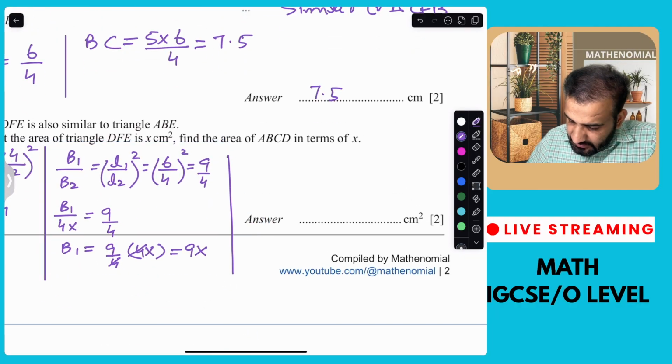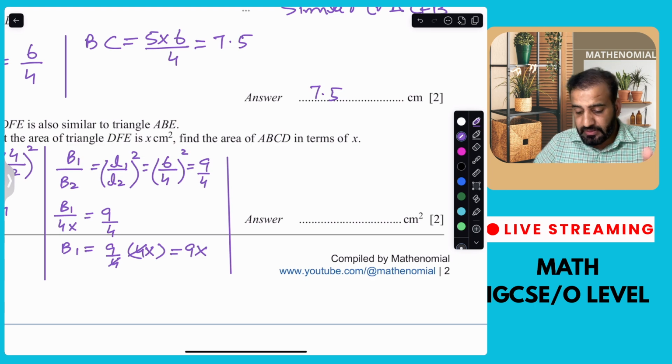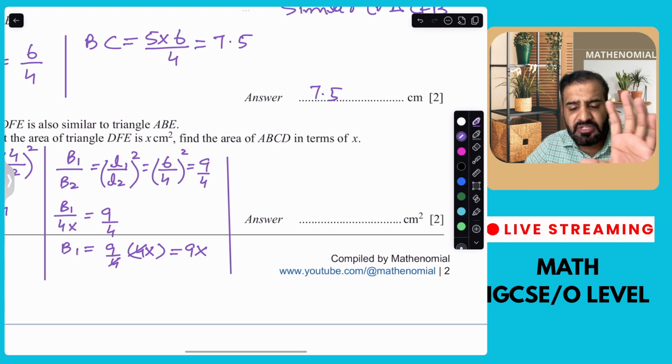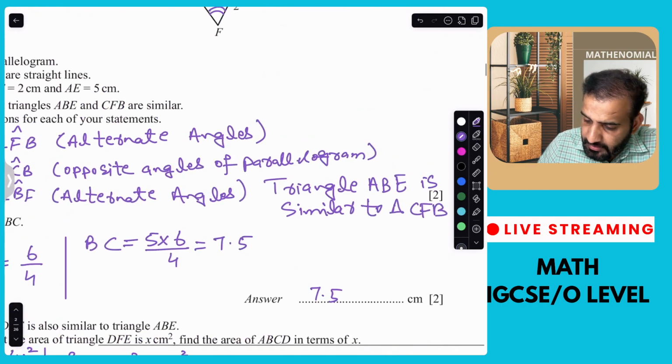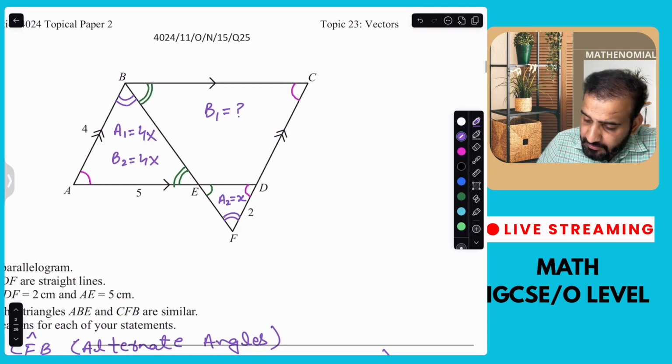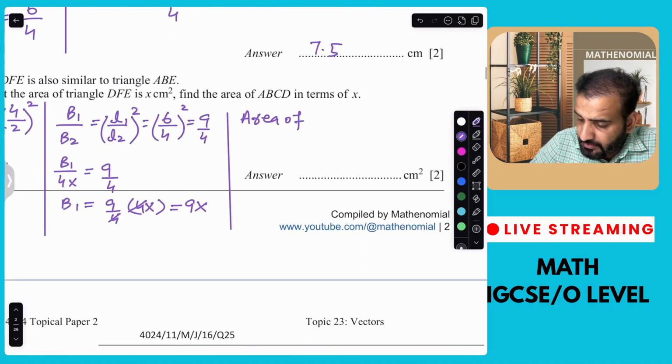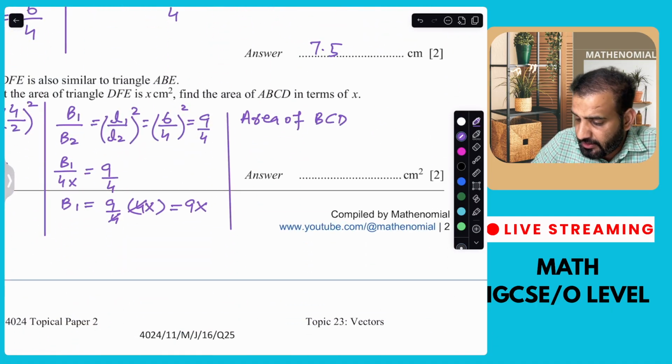राइट स्टूडेंट्स, तो हम क्या करेंगे, इट हैज़ 2 मार्क्स बट आप जितना मर्जी इसको शॉर्टकट कर लें. Area of BCDE, BCDE is 9x minus x which is 8x.